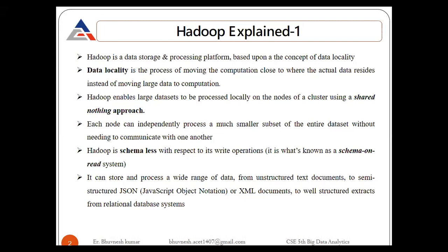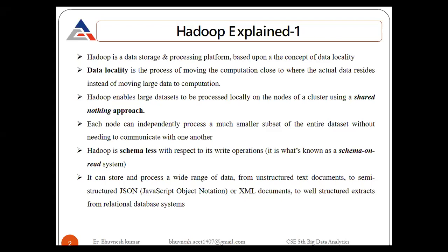That framework is Hadoop that resolves all the problems of big data. Now we will study further the concept of Hadoop. What is Hadoop? What approaches are there in Hadoop? What technologies and terminologies we will use in Hadoop.